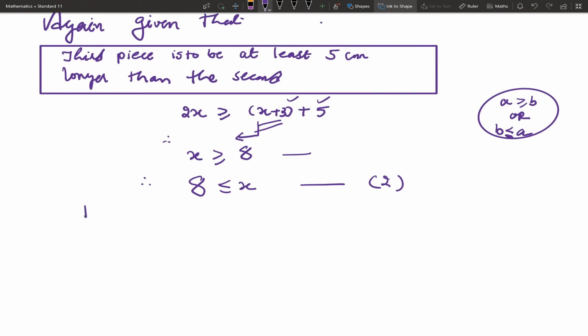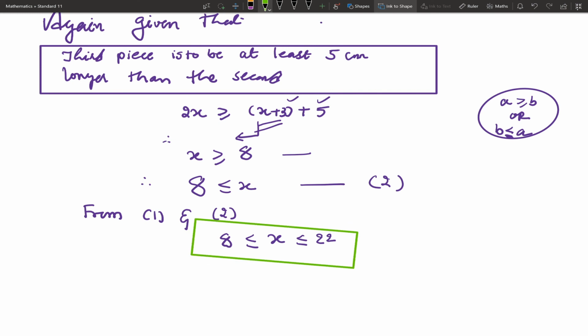From 1 and 2, 8 is less than or equal to x, and x is less than or equal to 22. So the length of the shortest board should be greater than or equal to 8, but less than or equal to 22.